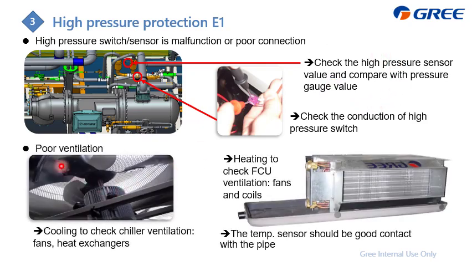And then check the ventilation, including the fans, and this is for cooling. And for heating, you need to check the FCU ventilation, whether it is good or not, and also ensure the temperature sensor has good contact with the tube or pipe.